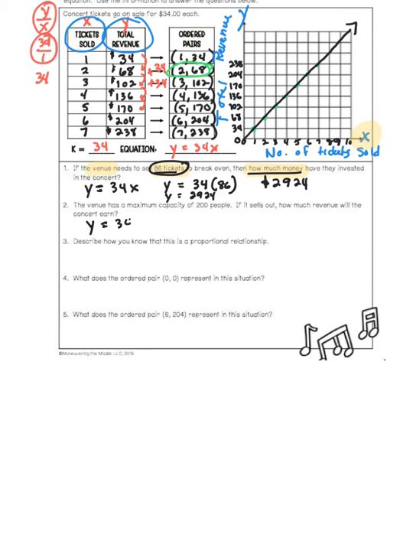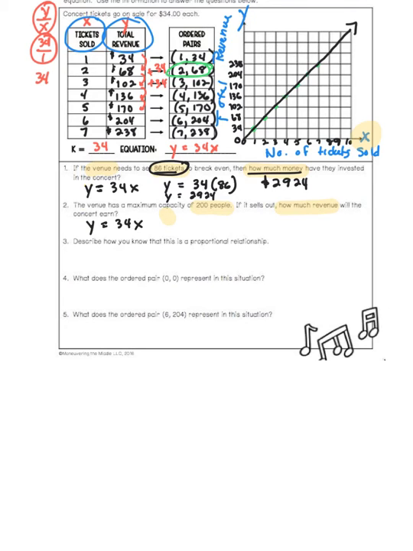Let's highlight what we've been given and figure out what we know. This time, they tell us the number of people. If each person needs a ticket, then that would be 200 tickets, even though they mentioned it as people. They're still asking how much revenue, how much will it earn, so we're still finding the y.